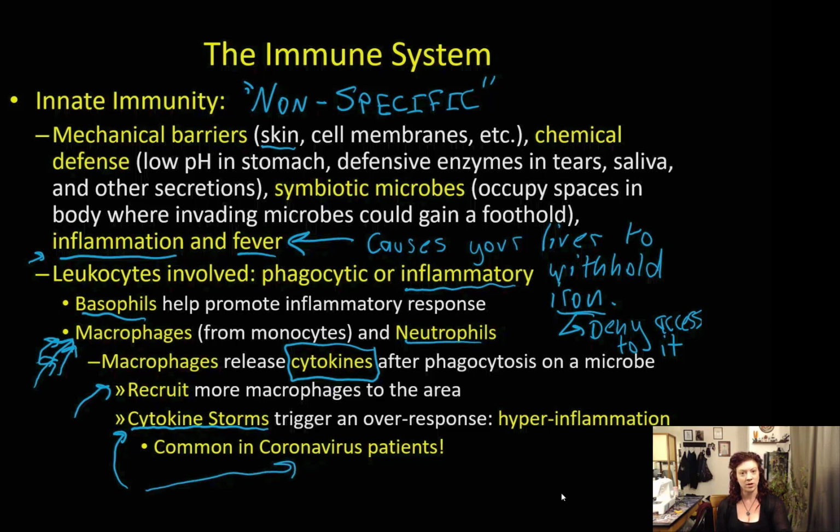And this seems to be what causes the really extreme reactions that are boosting the mortality rate of this virus, causing people to die. Cytokine storms are when huge amounts of cytokines are released all at once. It triggers an over-recruitment, too many white blood cells flooding an area, and all of them promoting inflammation.